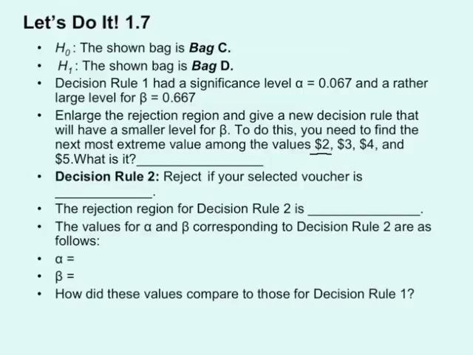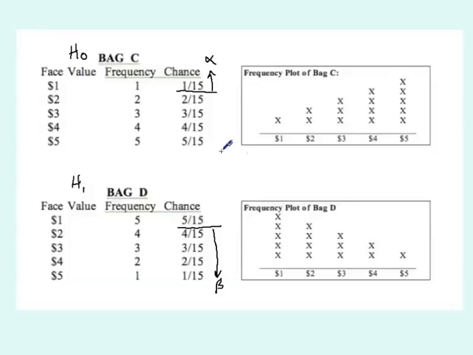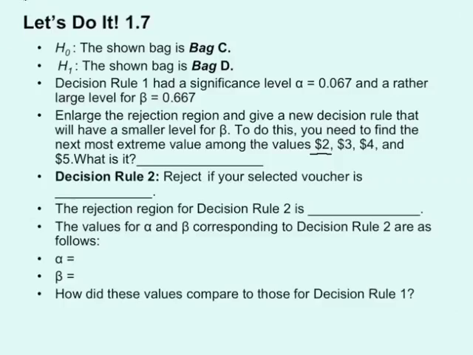But let's go back and take a quick peek at the graph and see what's going on there. Notice that the current critical value with decision rule 1 is $1. Well, if we move over to 2, that would set up our new decision rule, and our new critical value would be $2.